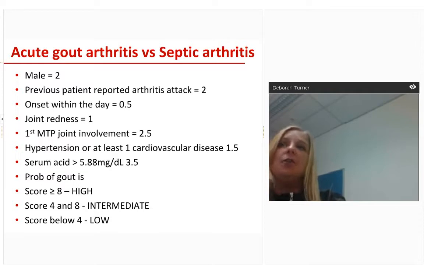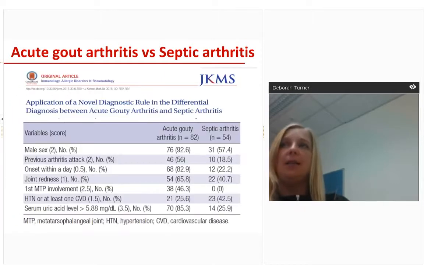As you work your way down, if someone is scoring 8 or more, the probability of gout is high. Whereas if they're scoring below 4, the probability that it is gout is low, and conversely we need to consider that this is more likely to be septic arthritis.